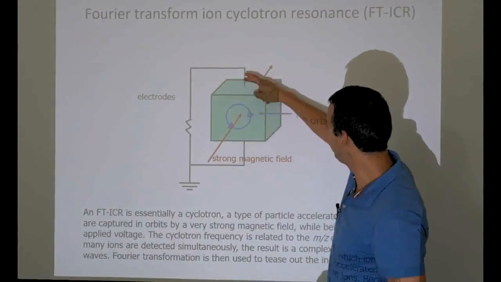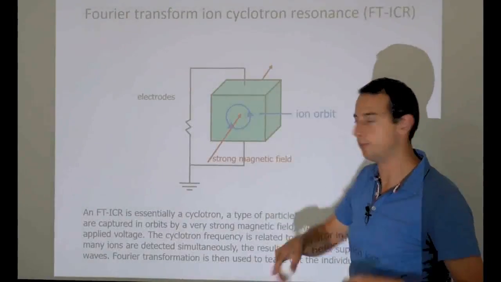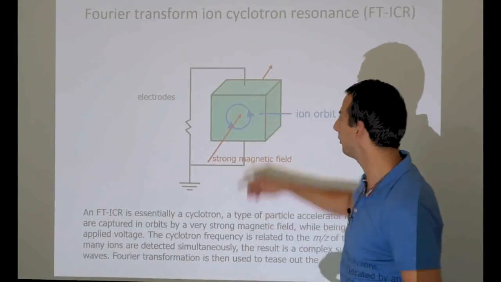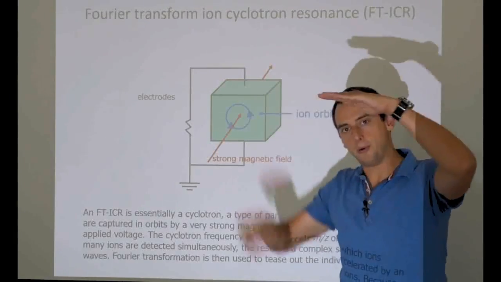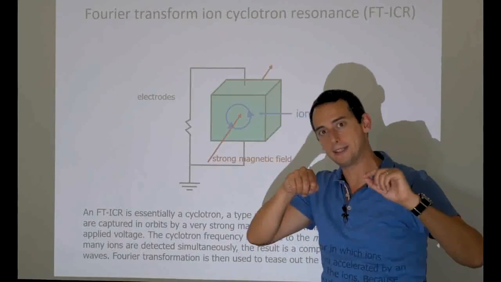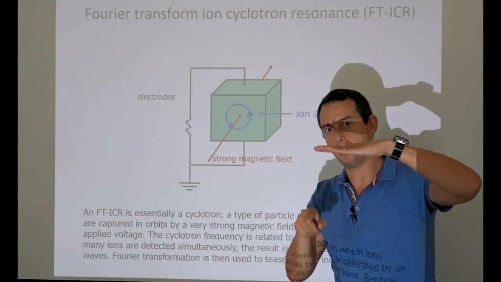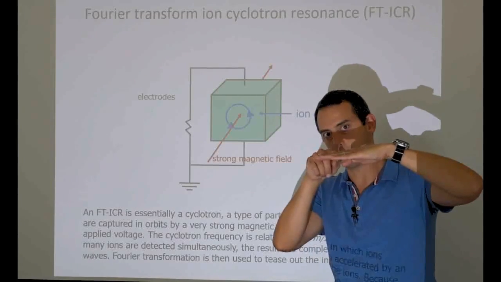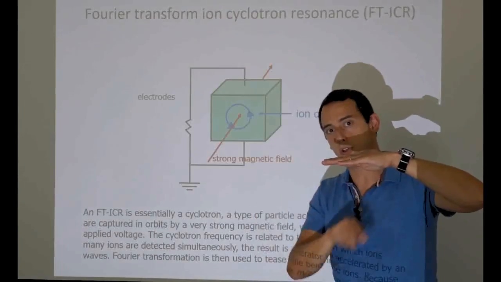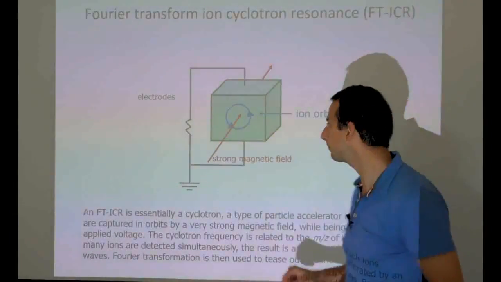And so by putting two electrodes on opposite sides of this cyclotron, which I show as a box, in principle it's not a box, it's more like a ring, of course, these ions will now induce currents in these plates, and the currents will spike at the rotational frequency of the ion. So every time the ion passes, it gives off a little spike. So if the ion goes really fast, there will be lots of spikes. If the ion goes slow, there will be fewer, more widely spaced spikes.